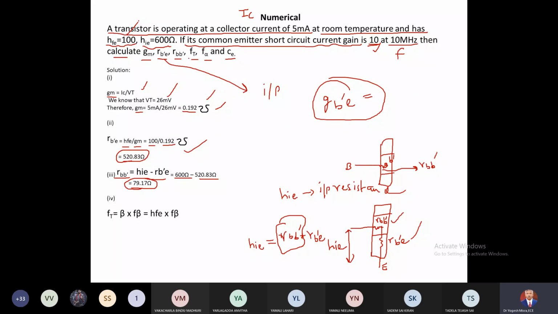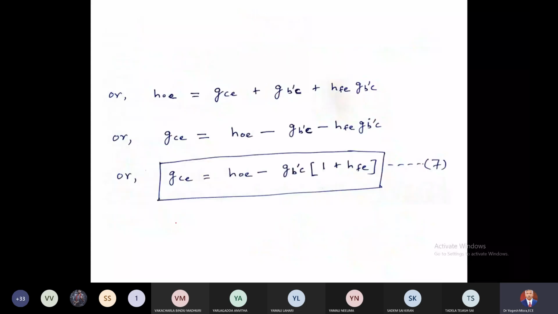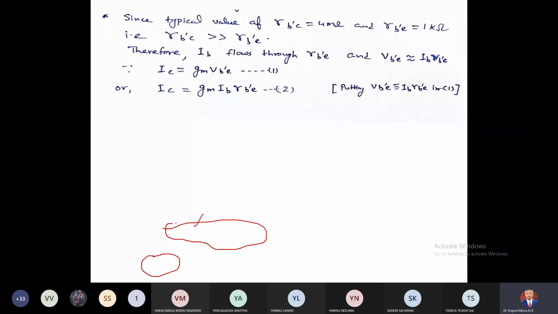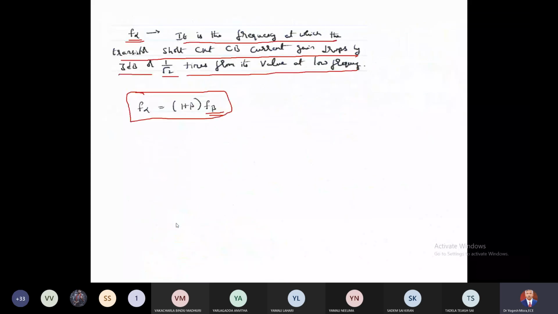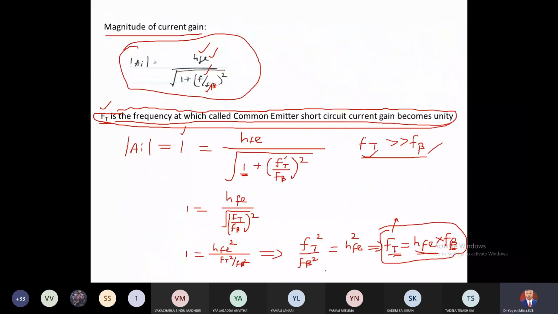Now FT. We have already seen that FT is HFE times F beta. This is the frequency at which the current gain will become unity.